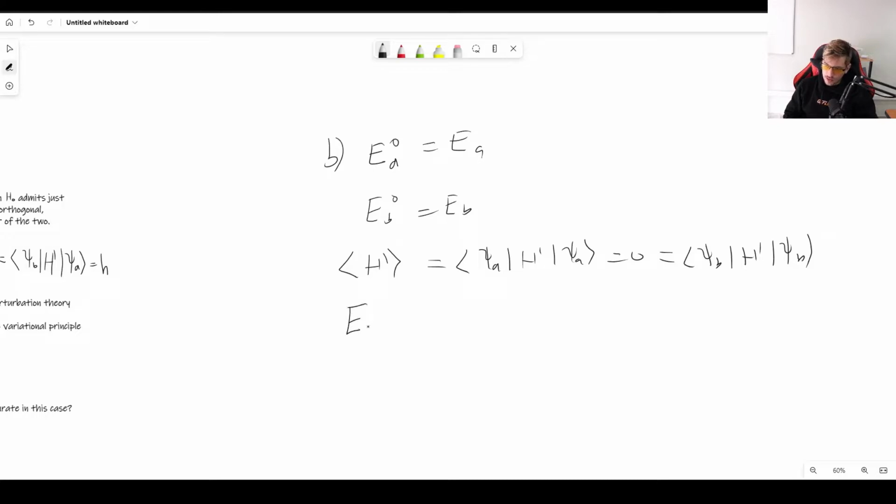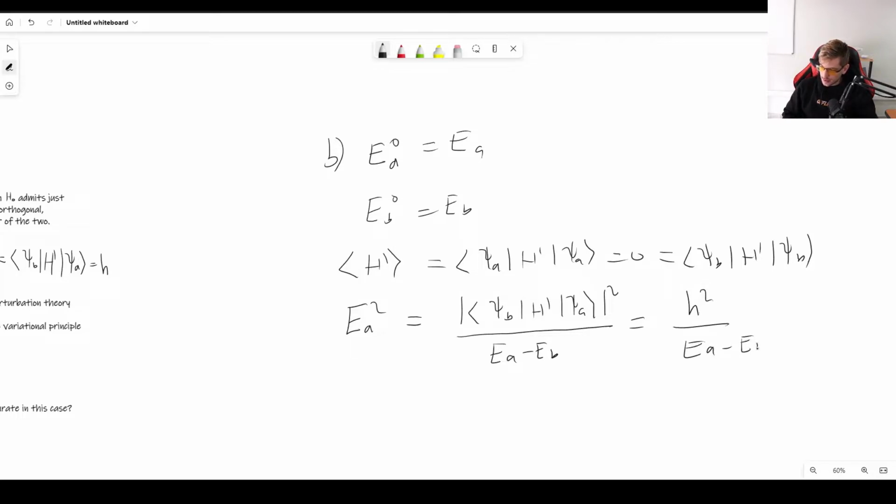Now, what about the second order ones? EA2. By using the formula for this, it is the absolute value of psi B, H prime, psi A squared, divided by EA minus EB. Now this, again by definition, we can see it here on the left-hand side. This is simply h squared divided by EA minus EB.